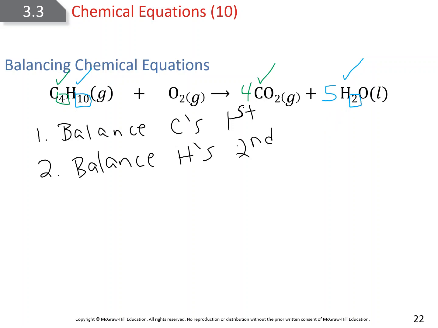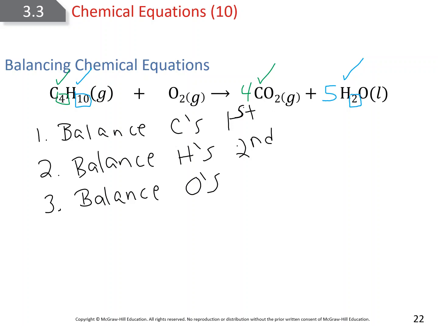Third rule is to balance the oxygens. This is the last step because the oxygens are much easier to balance. It's the only element within this chemical reaction where if I put a coefficient here, it will not affect the amount of carbons or hydrogens. So what I need to do is think about how many oxygens I have on the right-hand side.